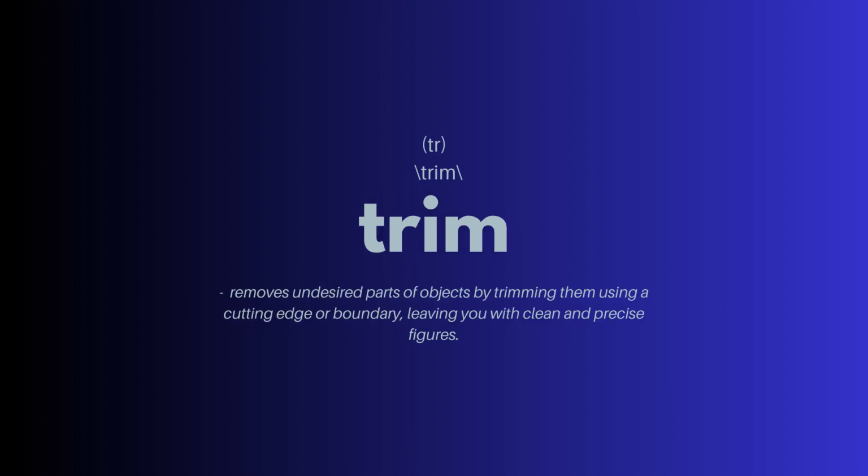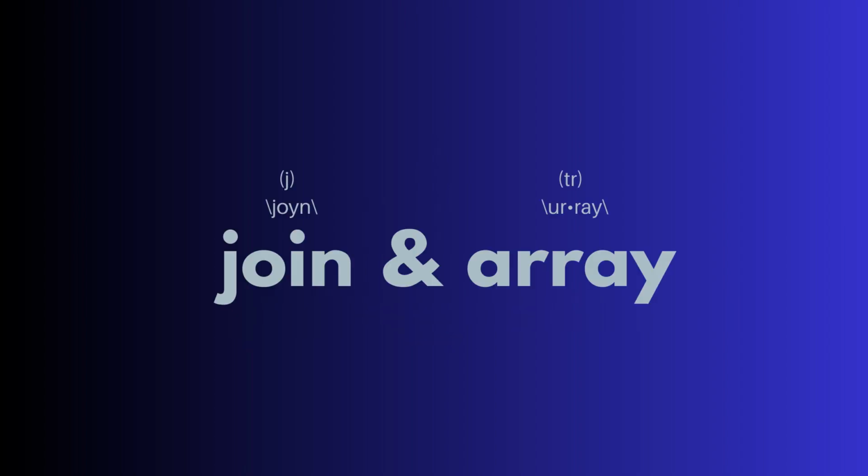And finally, we have the trim command or simply TR, which lets you remove undesired parts of objects by trimming them using a cutting edge or boundary, leaving you with clean and precise figures. Special mention to join and polar array commands, as we would also be using them later on.